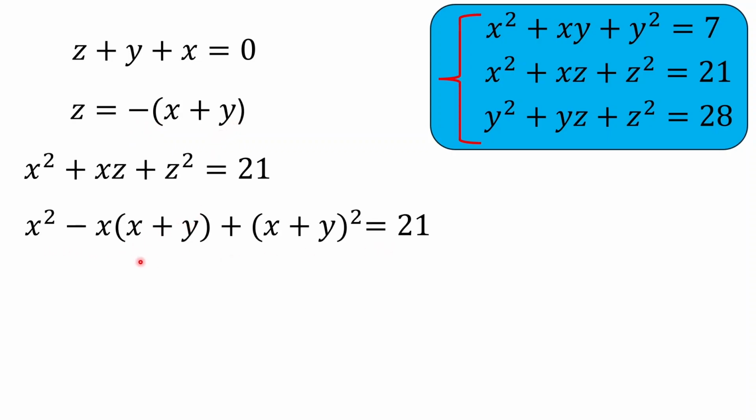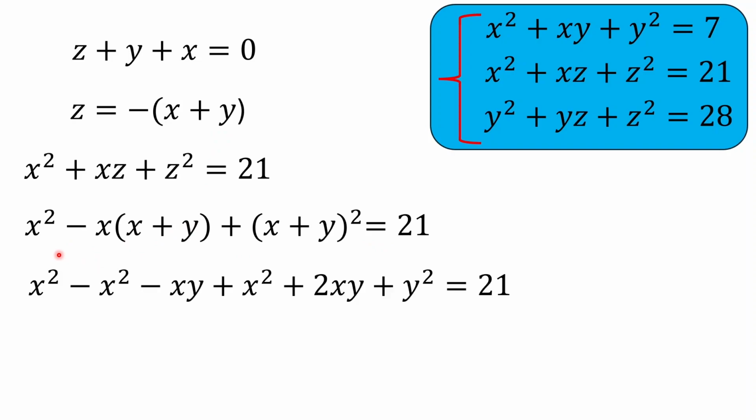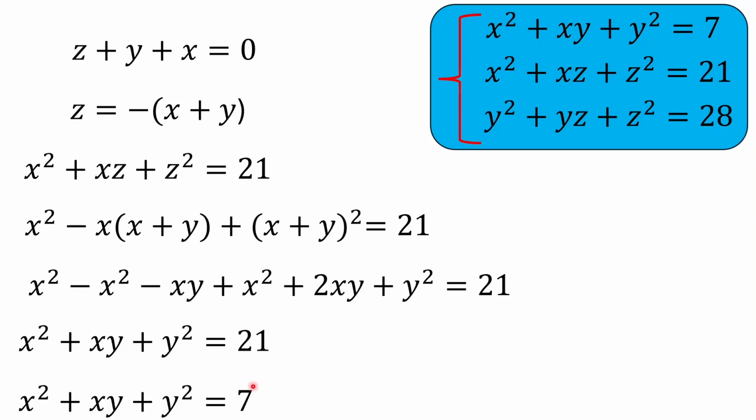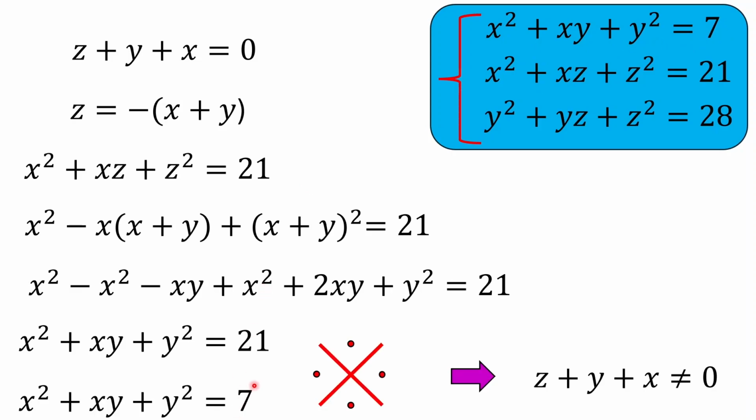Okay, so we get to this equation, we multiply, this becomes x², this is minus x² minus xy, here is x² plus 2xy plus y², this one with this disappears, this one with this disappears, so we get to this equation. But from the first equation, we know that x² plus xy plus y² is equal to 7, so this is a contradiction, therefore we conclude that x plus y plus z is not equal to 0.